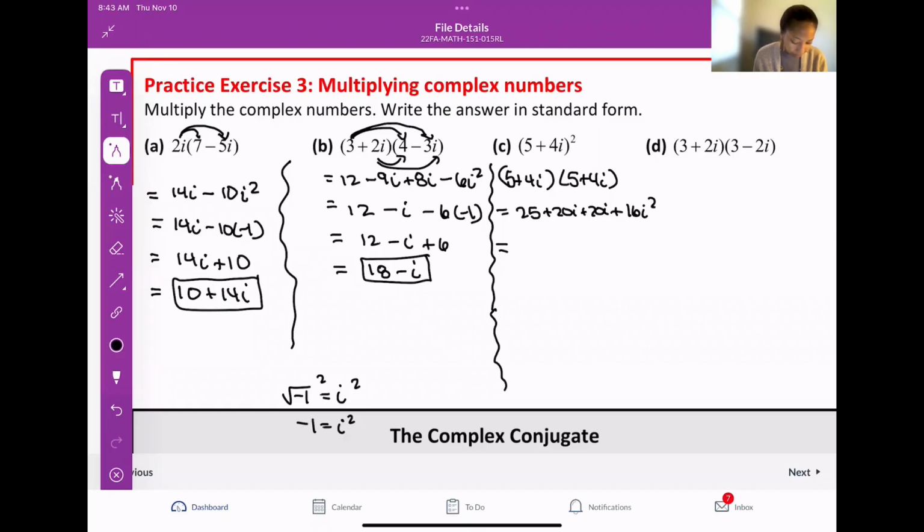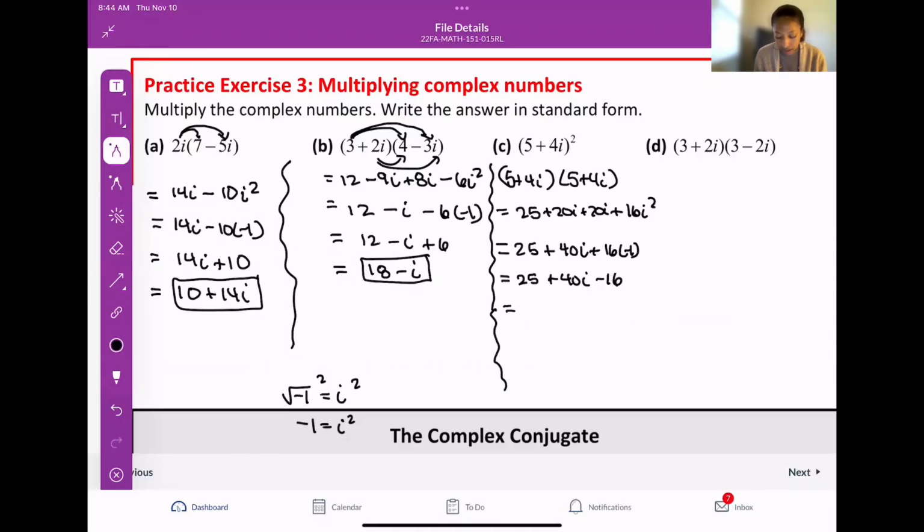So we get 25 plus 40i plus 16 times -1. So 25 plus 40i minus 16.